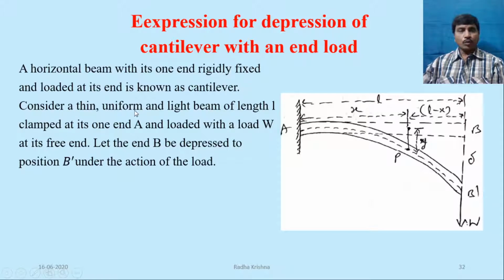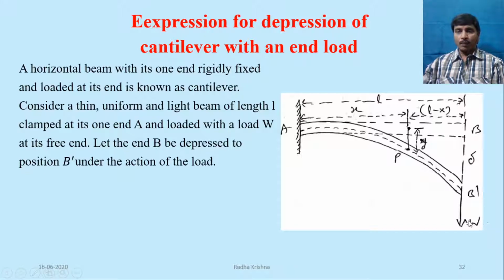Consider a thin, uniform and light beam of length L clamped at its one end A and loaded with a load W at its free end. In the diagram, AB is the cantilever. With no load, the cantilever is in horizontal direction AB.